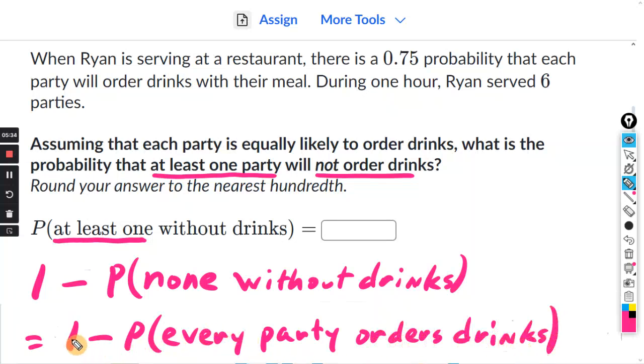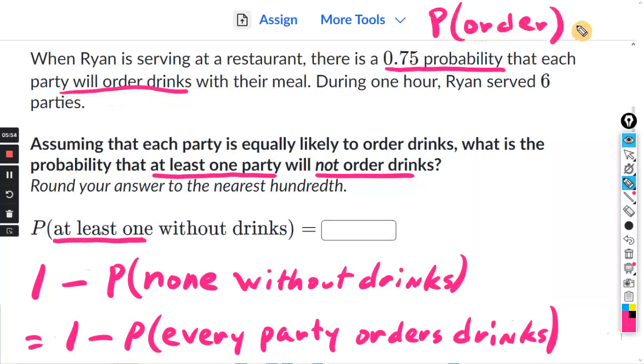I think it helps to write it in a translated form. Right here it says there's a 0.75 probability that a party orders drinks. So the probability that a party orders is going to be 0.75. And there are 6 parties, so we're finding the probability that every party orders a drink.